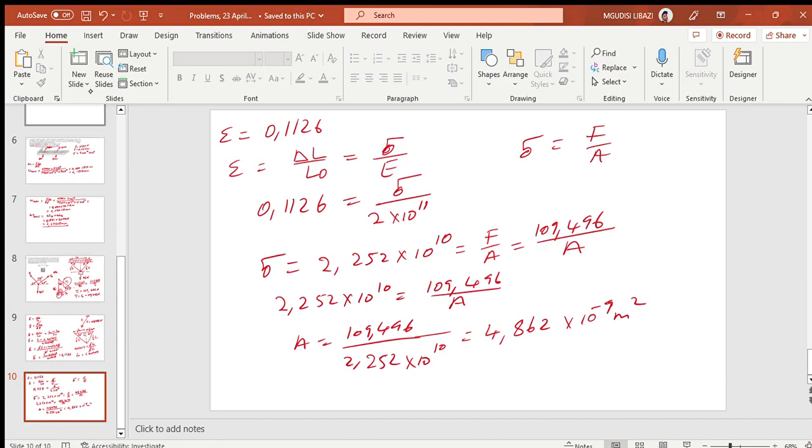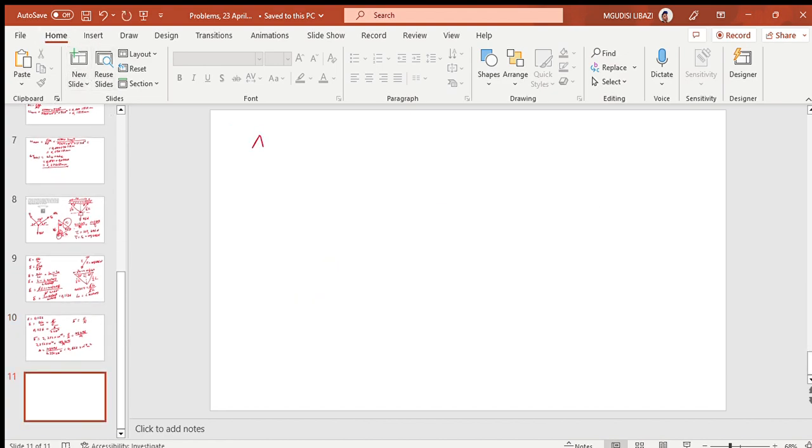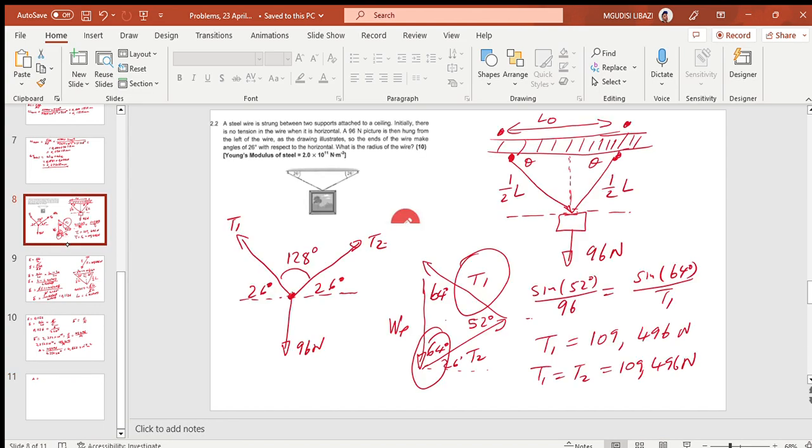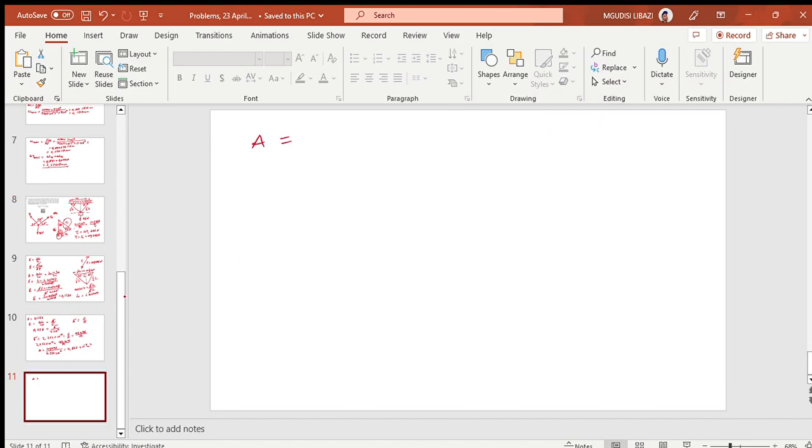Now that we have found area, what did they want? They wanted the radius. You know that area is equal to pi r squared. That means from that area, 4.862 times 10 to the minus 9, we have pi multiplied by r squared.